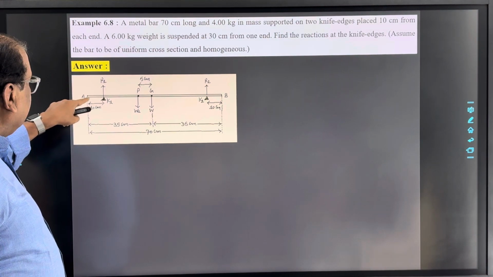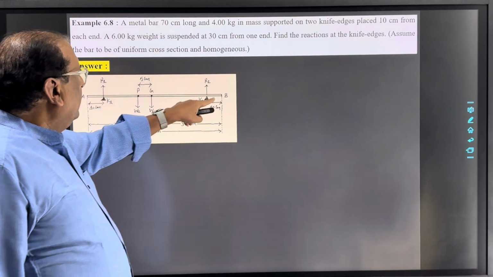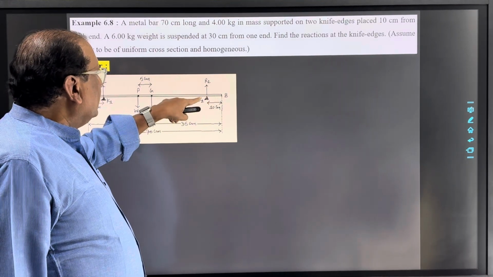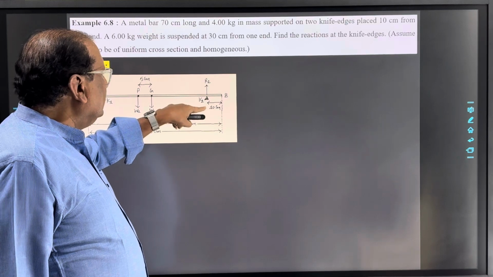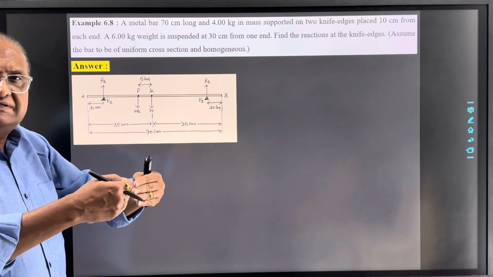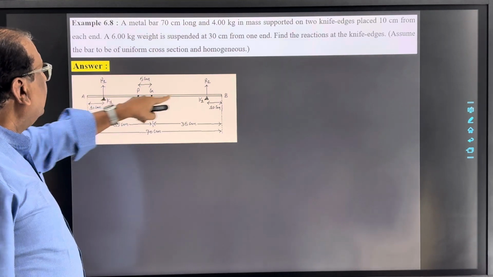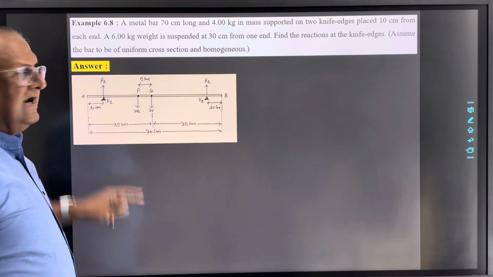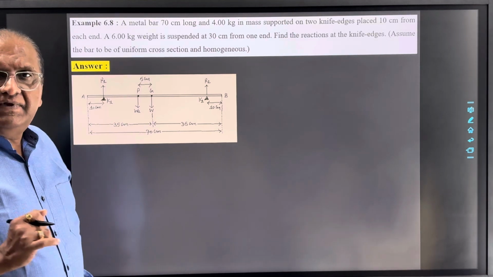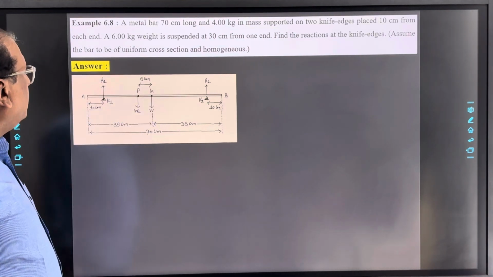So from A at 10 centimeter, knife edge is K1. From B at 10 centimeter, knife edge, that is K2. So when rod is placed on these knife edges, at these particular knife edges, we will get the reaction. The normal reaction will be R1 and R2.